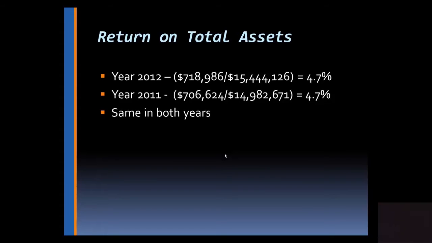The next is a return on total assets. Here we're going to look at the net income divided by the total assets. So what kind of a return are they getting on these assets? 4.7 in both years. Again, because we have a very low operating net income to the total operation compared to our total assets, we have a very small return.